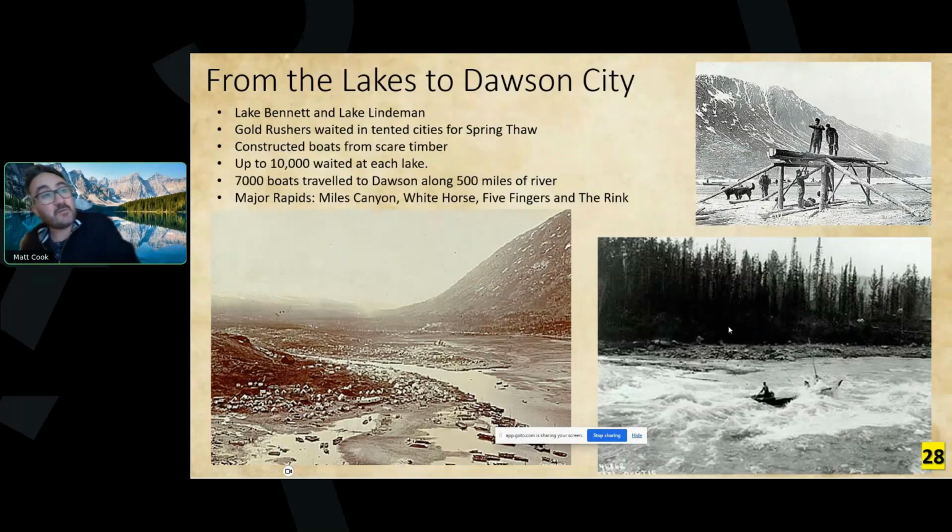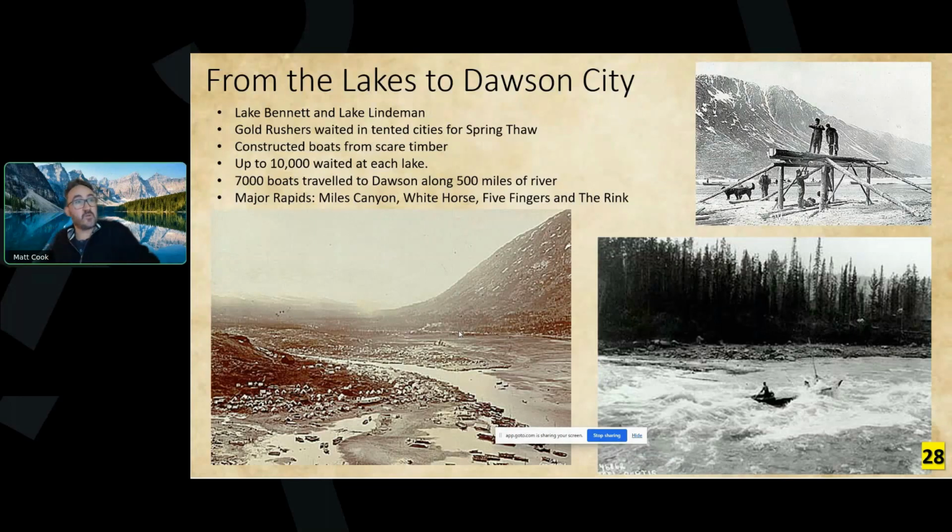So after people had travelled these 2 passes, they reached these lakes at the top, Lake Bennett and Lake Lindeman. They waited there in tented camps for the thaw in spring because they couldn't navigate the river down to Dawson City whilst it was frozen. There were up to 10,000 people waiting at each lake, and they were trying to get their hands on almost anything that would float.